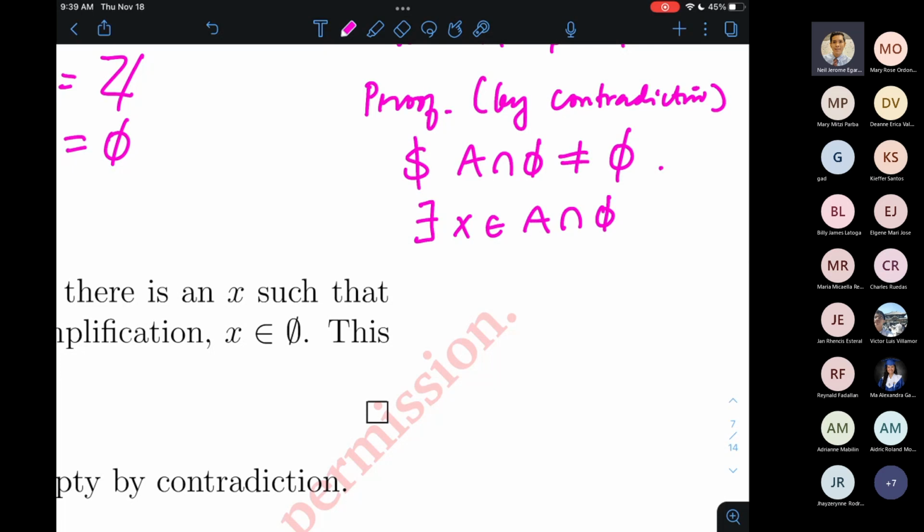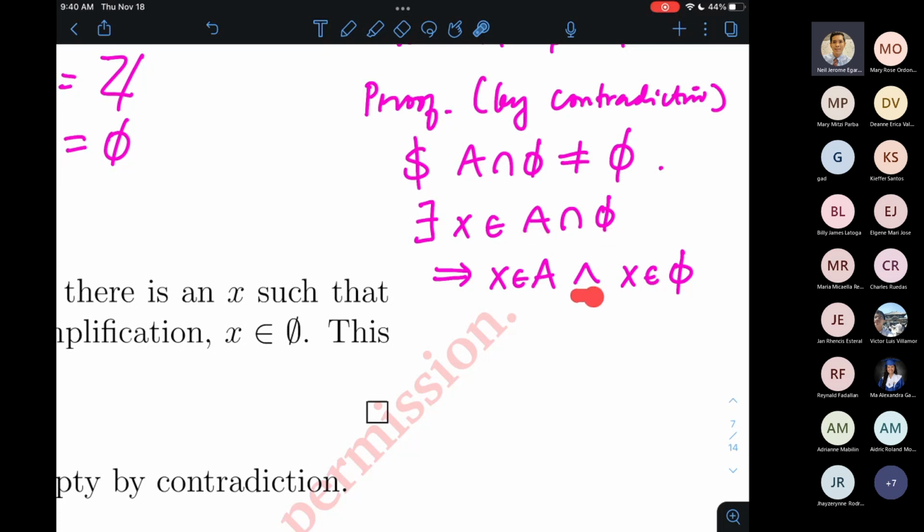By definition of the intersection, I can say that X is an element of A and X is an element of the null set. Oh guys, be careful when writing things like this. Sana makita niyo yung shift kung kailan ginagamit yung intersection at saka yung and. Okay? Yung intersection, ginagamit lang natin siya sa pagitan ng dalawang sets. Okay? Dapat set yung nasa kaliwa niya, set yung nasa kanan niya.